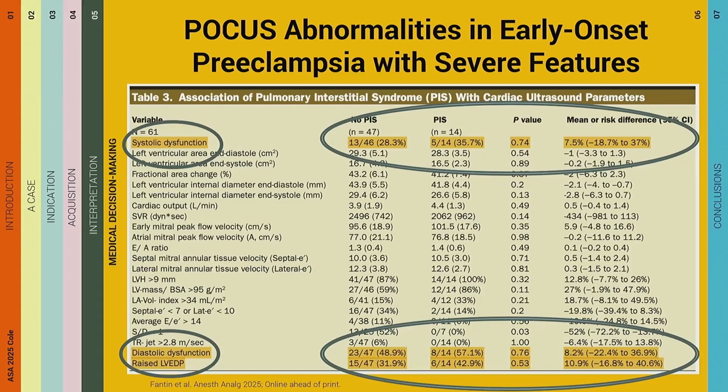So that's an important thing to remember, because as Dr. Fenton pointed out in her discussion of this paper, it means that there may be other mechanistic pathways going on to create this pulmonary edema in early onset preeclampsia.